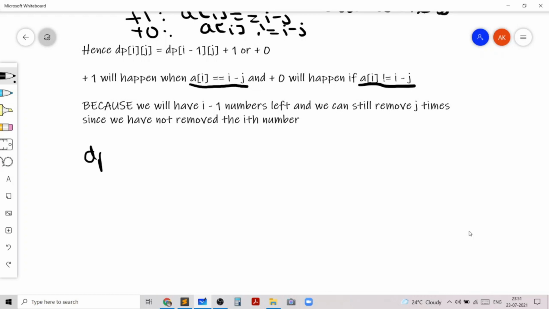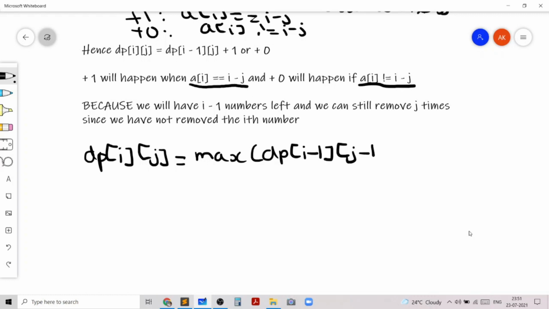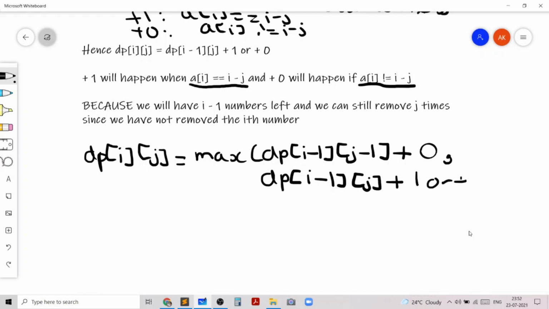So just concluding the casework from the two cases, we saw that dp[i][j] is the maximum of two values. The first value is dp[i-1][j-1] plus 0, because in the first case we removed the ith index, and the second case is just dp[i-1][j] plus 1 or plus 0.